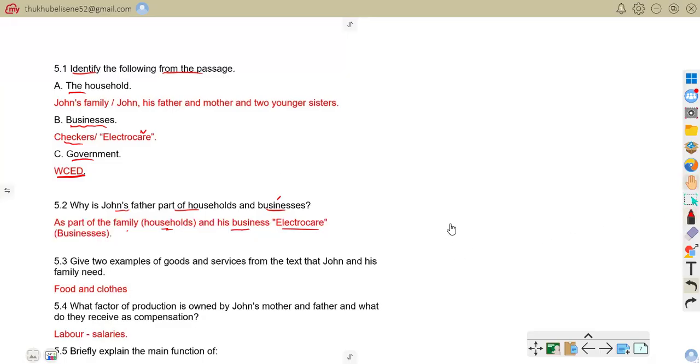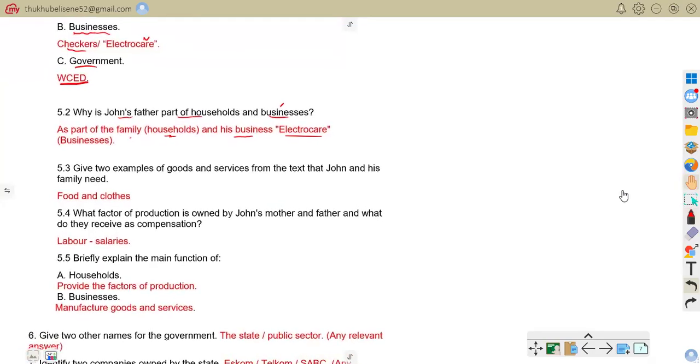So now let us move to 5.3. 5.3 says, give two examples of goods and services from the text that John and his family need. So we have seen that they spent their money on food. It was said there in the passage, food and clothes. That is food and clothes.